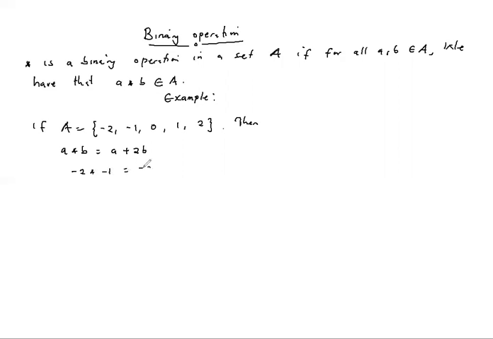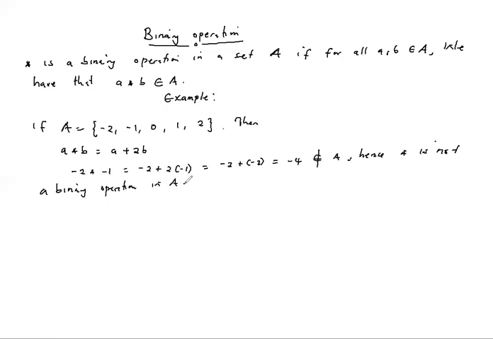This is going to be -2 plus 2 times -1, which is -2 plus -2, which is -4. And -4 is not an element of A. Hence, star is not a binary operation in A. So it fails to be a binary operation in A.